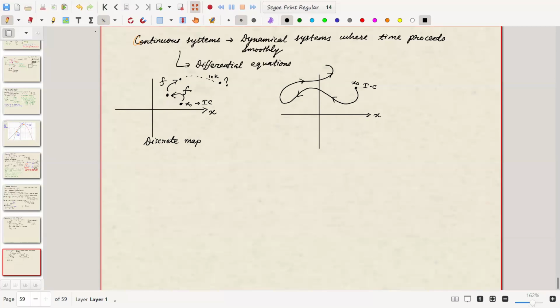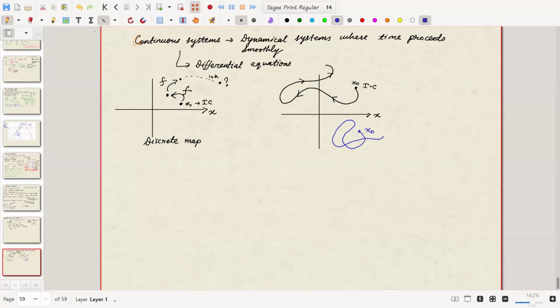One nice thing about this, which I will tell you later: can this happen? It starts from a particular point and goes there. Can this happen? Here something new is happening.